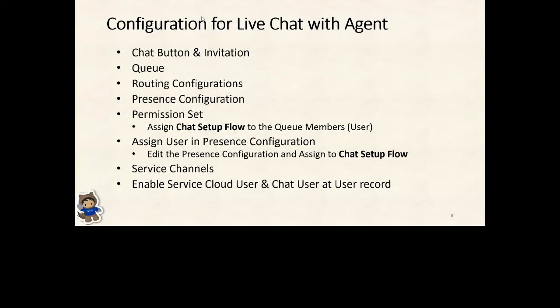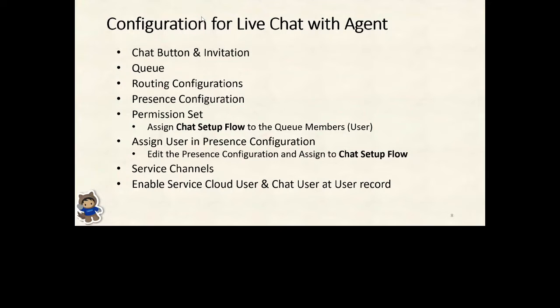Before we start, there are a few things we need to see about the configuration needed for a live chat with an agent. Starting with the chatbot and invitations, it needs the queue. Definitely, it needs routing configurations and presence configurations.